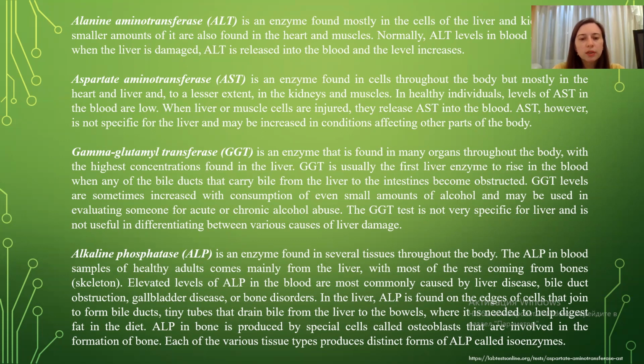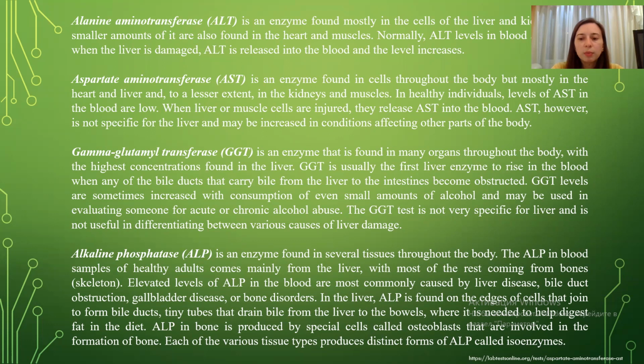Alkaline phosphatase is an enzyme found in tissues throughout the body. The ALP in blood sample of healthy adults comes mainly from the liver, with most of the rest coming from bones. Elevated levels of ALP in the blood are most commonly caused by liver disease, bile duct obstruction, gallbladder disease, or bone disorders.